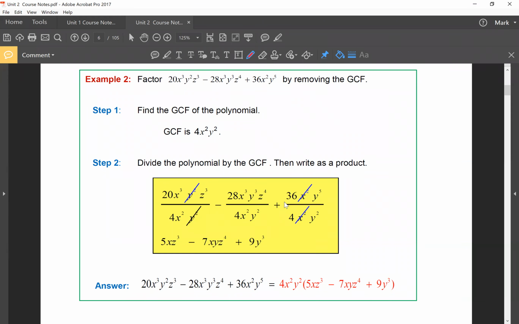So factor 20, I'm up here, guys, up at the top of the page. It says factor 20x cubed y squared z cubed minus 28x, and so on. Yes?